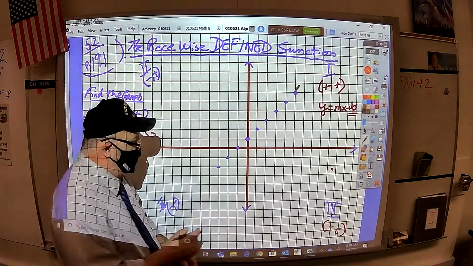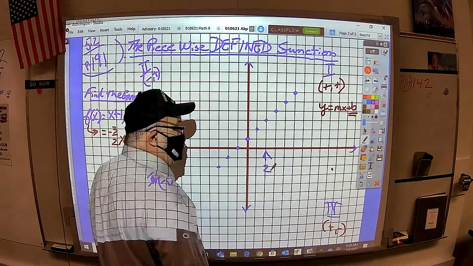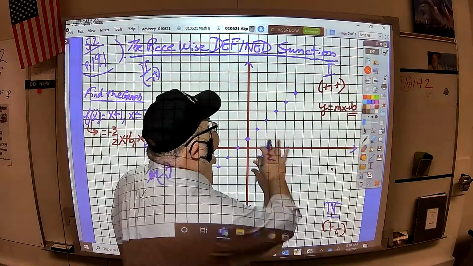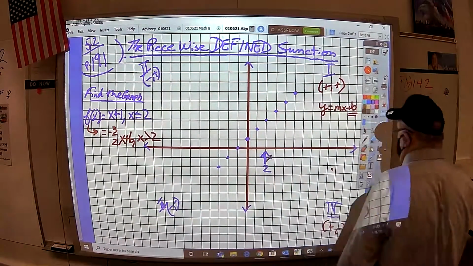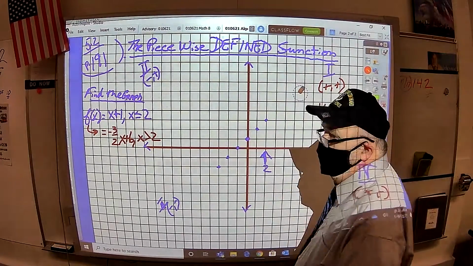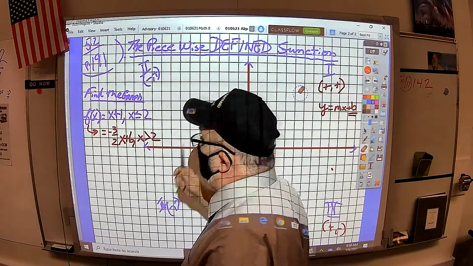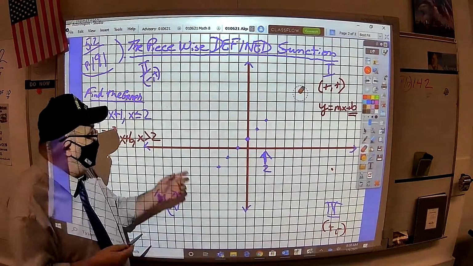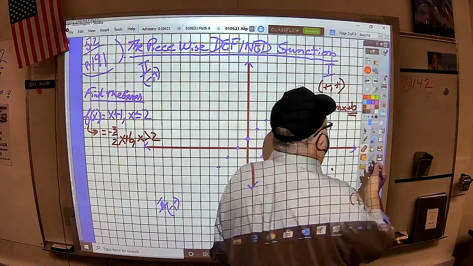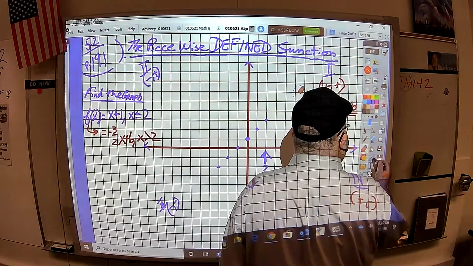So everything past this point right here, which is 2, I'm not going to use. Gone. And it's not a hole, pardon me. It's a filled-in spot because it's less than or equal to. So now my line for that constraint is going to look just like this.